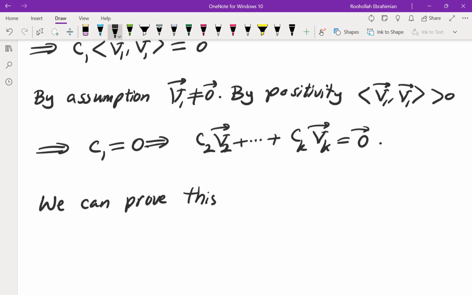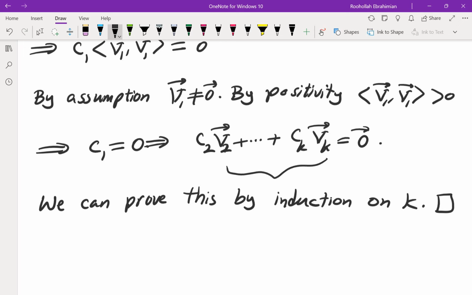We can prove this by induction on k. Basically you prove it for k equals 1, which is pretty clear, and then assume it is true for k minus 1, and prove it for k by doing what we just did to show that c1 is 0. We know these are linearly independent, therefore c2 through ck must also be 0, and then we are done.